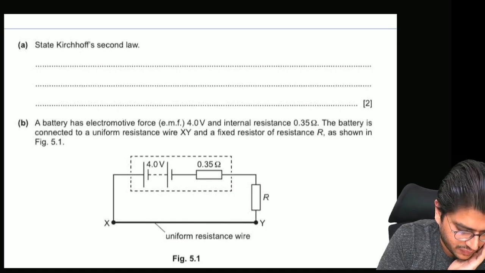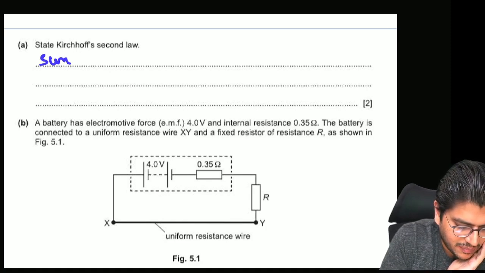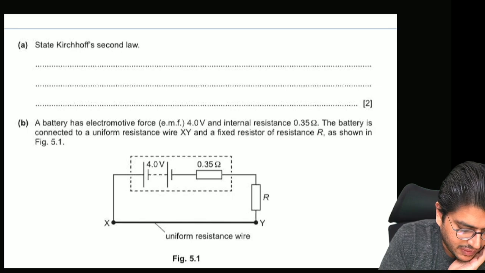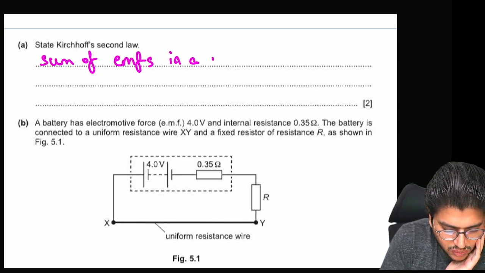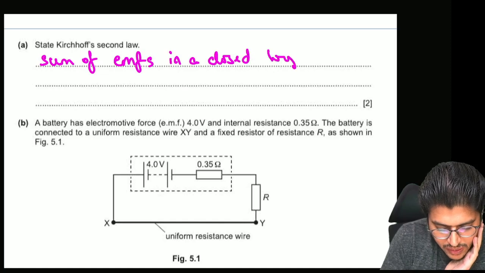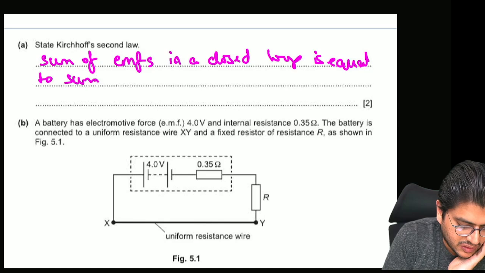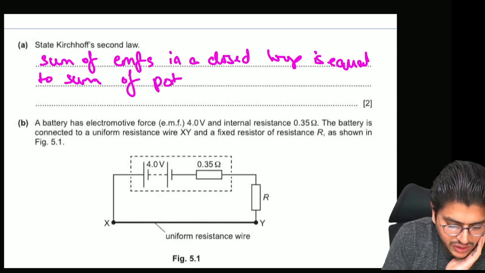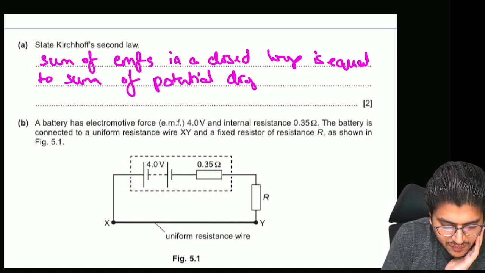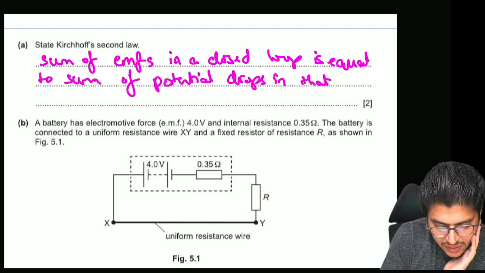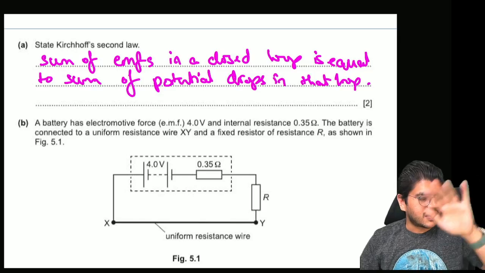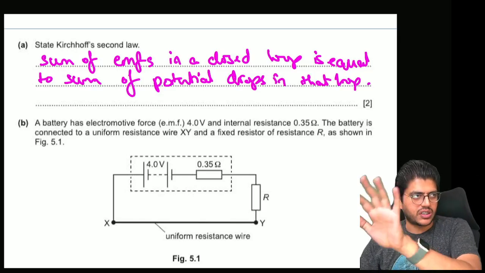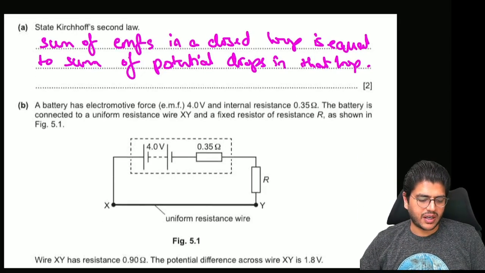And that's exactly what I was telling you above as well, that the sum of EMFs in a closed loop is equal to the sum of potential drops in that loop. The same principle that you learn at O levels, that in a series circuit, voltages add up, they should be equal to the EMF that is being supplied.